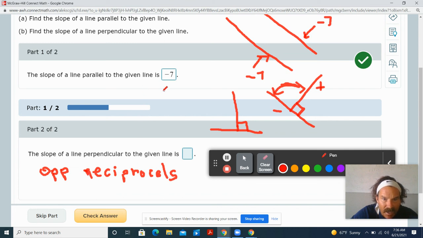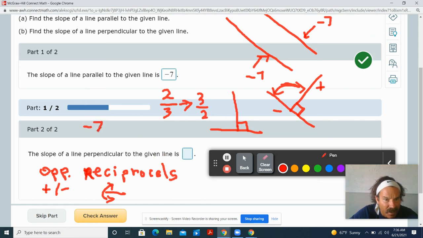So like if you had a fraction like 2/3, the reciprocal of 2/3 is just 3 over 2. Okay, so opposite means opposite sign, and then you flip-flop the fraction. So we have a line that has slope of negative 7.